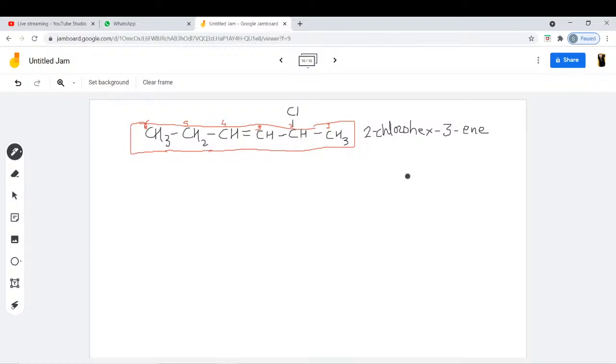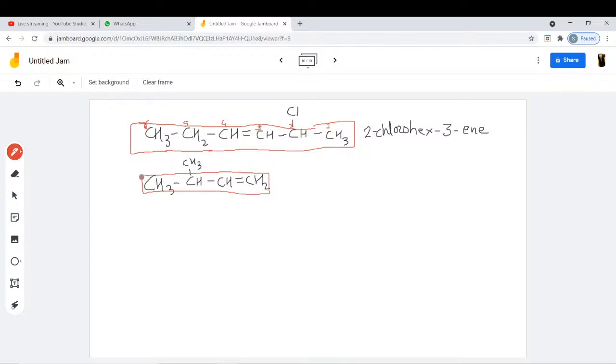So taking another example, CH3 CH, here CH3, and here single bond CH, double bond CH2. So from where should you start the numbering, selecting the long carbon chain?